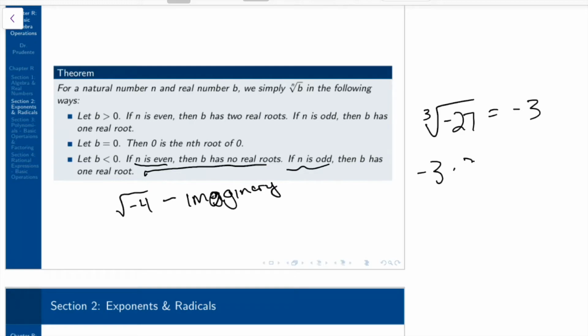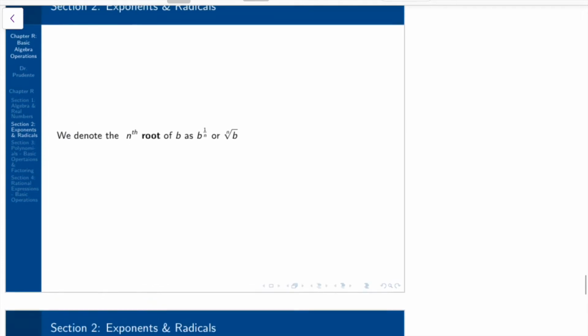It all deals with the number of things being multiplied. When I have an odd root, it's like saying, what number multiplied 3 times gives me negative 27? And if I have an odd number of things multiplied, I'm still going to get a negative. So the cube root of negative 27 is just negative 3.